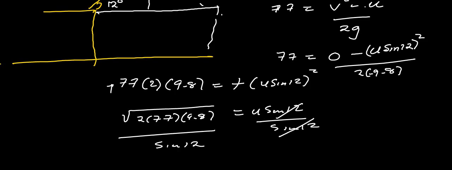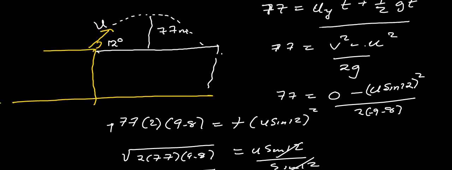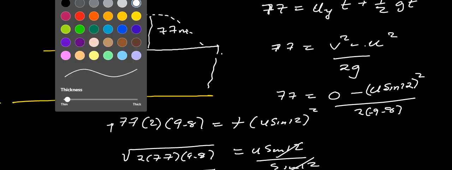This is the quicker way you could have gotten the initial velocity before it's resolved. We're using this equation of height or distance that doesn't require us to find time. Hope this is okay. Is this okay?